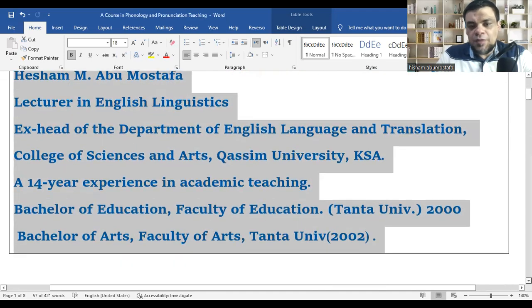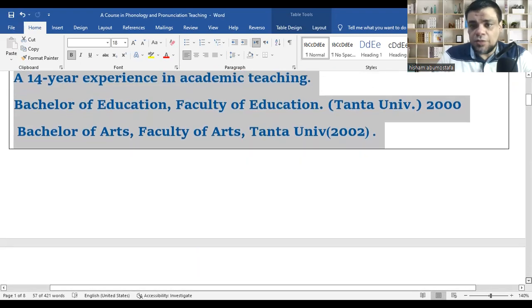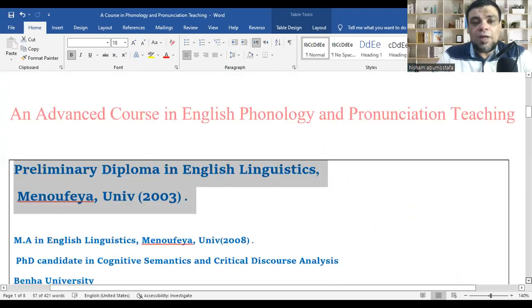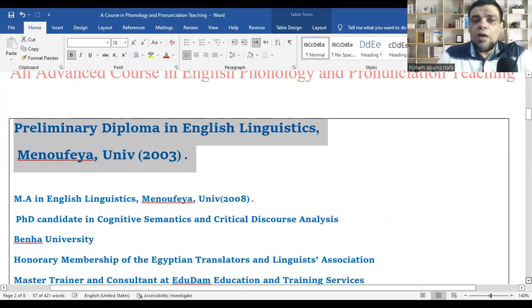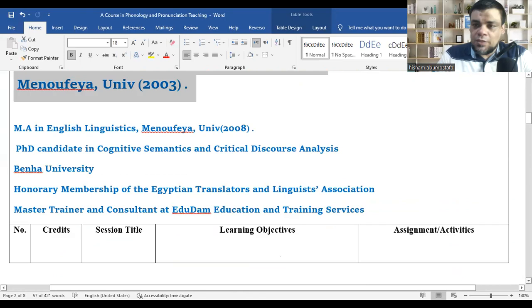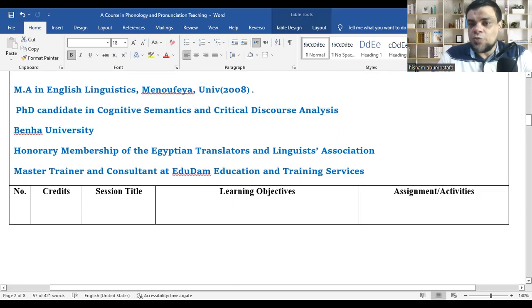A 14-year experience in academic teaching, Bachelor of Education, Faculty of Education, Bachelor of Arts from the Faculty of Arts, Tanta University, Preliminary Diploma in English Linguistics from Minofia University, MA in English Linguistics, Minofia University, PhD candidate in Cognitive Semantics and Critical Discourse Analysis, Banha University, honorary membership of the Egyptian Translators and Linguists Association, master trainer and consultant at the EduDam Education and Training Services.